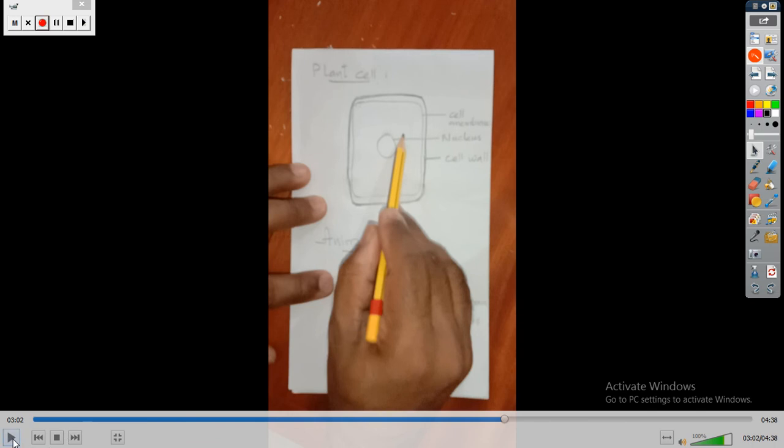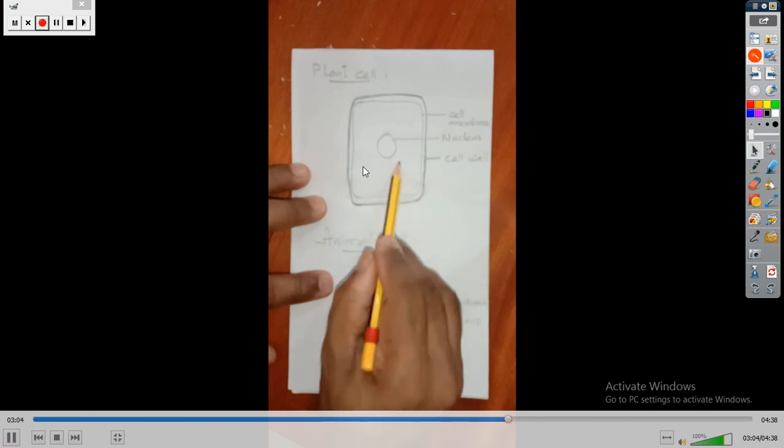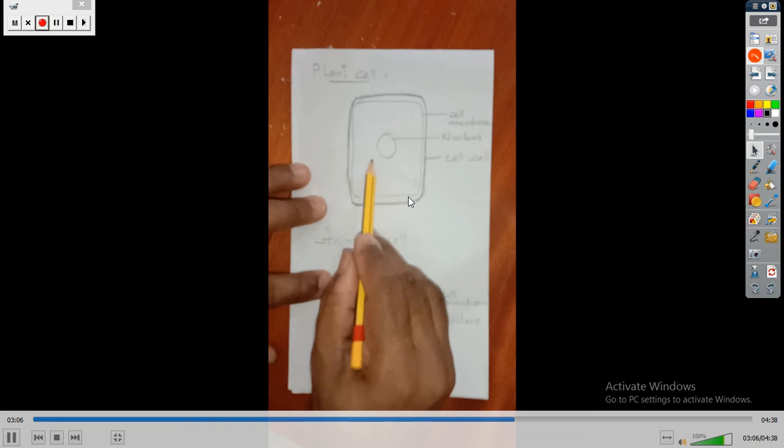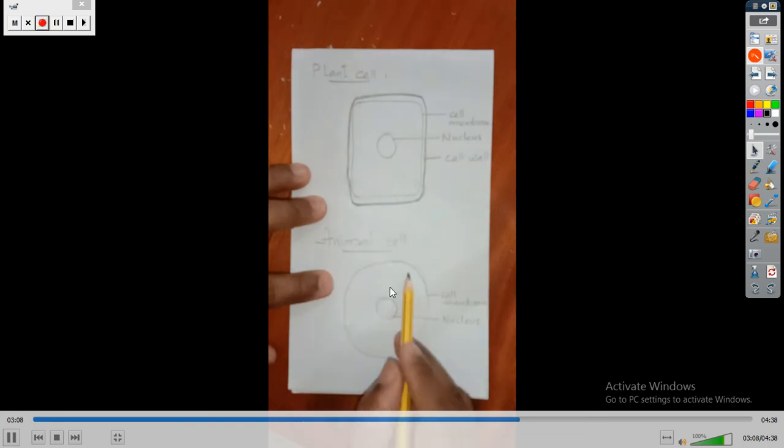Now see, I have put a lot of dots here. That means in the plant cell and animal cell, inside the cell there is a thick jelly-like substance, a thick liquid.